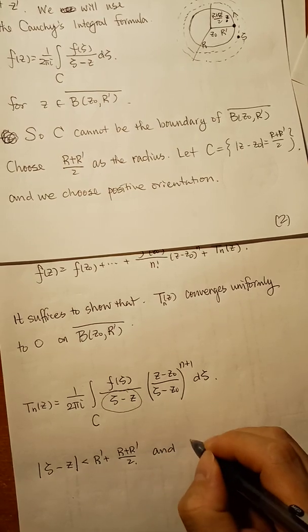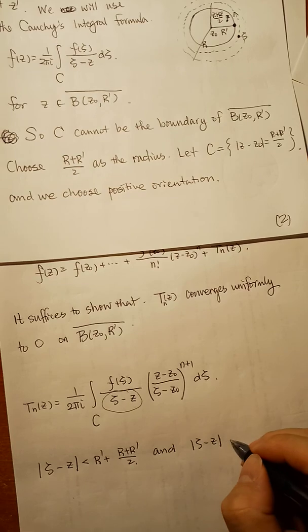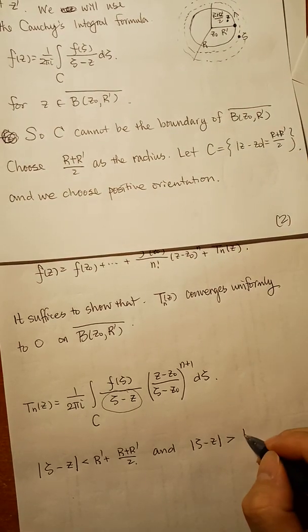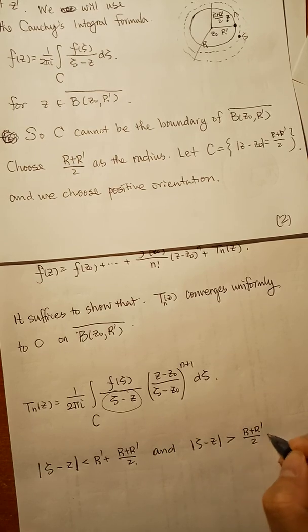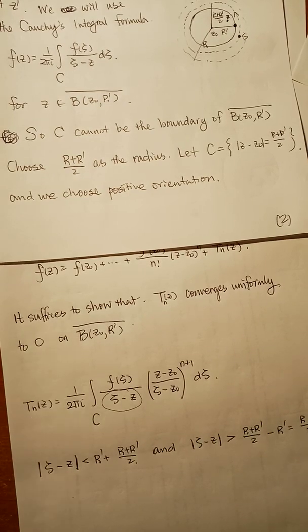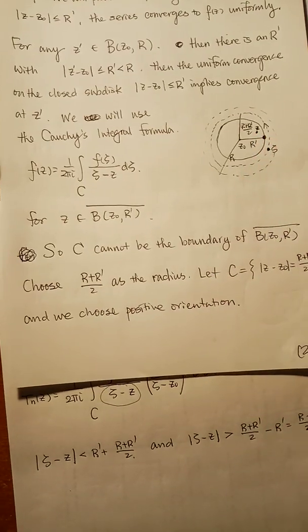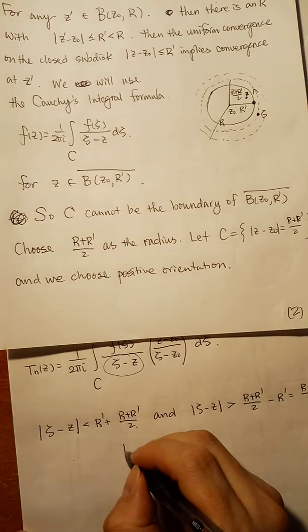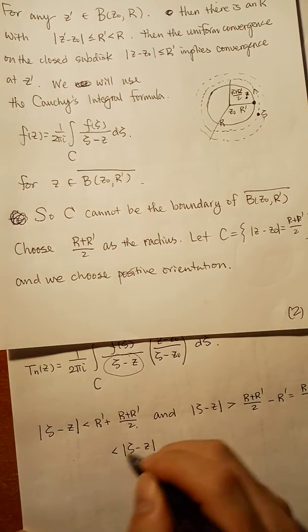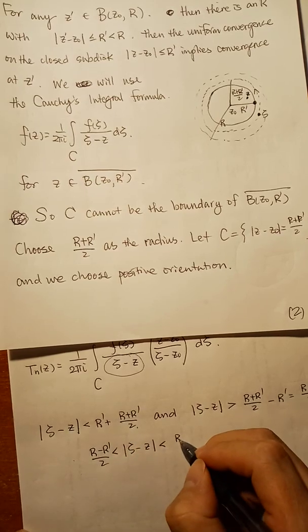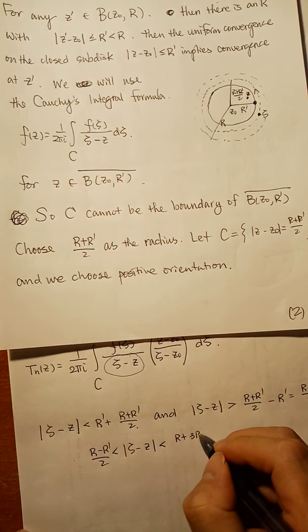And theta minus z, the distance, is greater than what? Greater than the difference of the distances. From the plane geometry, from this graph, you will see that |theta - z| is between r - r'/2 and r plus, you see here it becomes, 3r'/2.